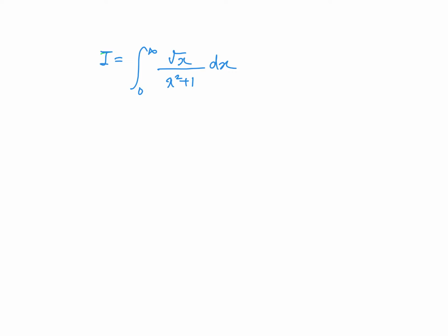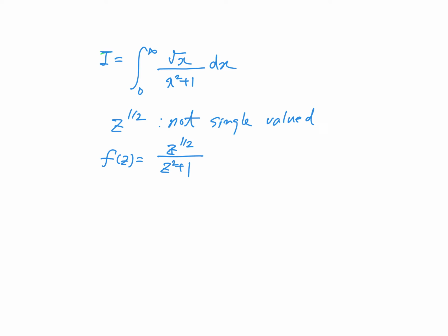And so we are tempted, but z to the 1/2 is not single valued, right? So when you say f of z, because of the square root, this function is not single valued. When you cross the real axis, it changes sign.